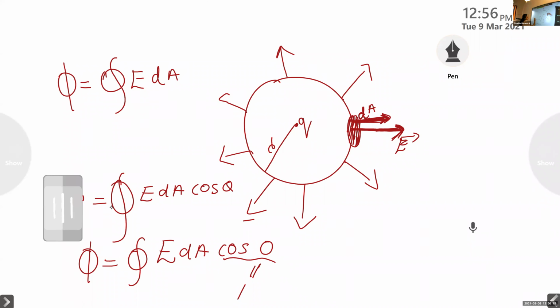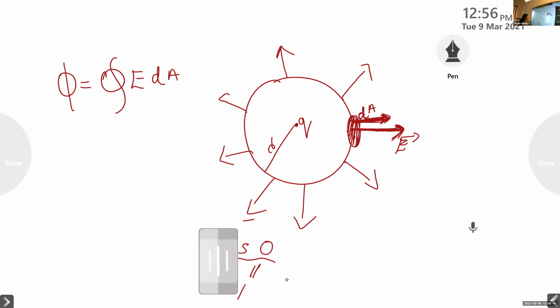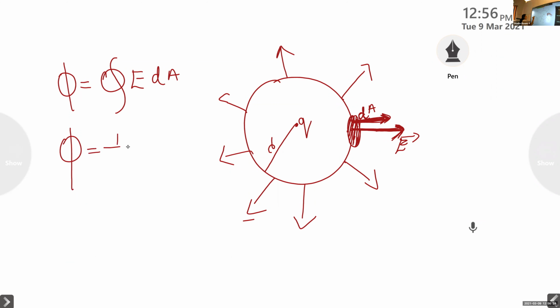Okay. Now we just have to substitute the values of the electric field and the area vector. The electric flux phi is equal to 1 by 4 pi epsilon 0 q divided by r square, into, what is the equation for calculating the area of the sphere? It is equal to 4 pi r square.